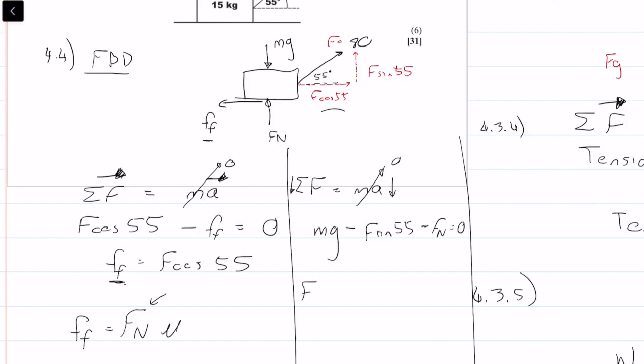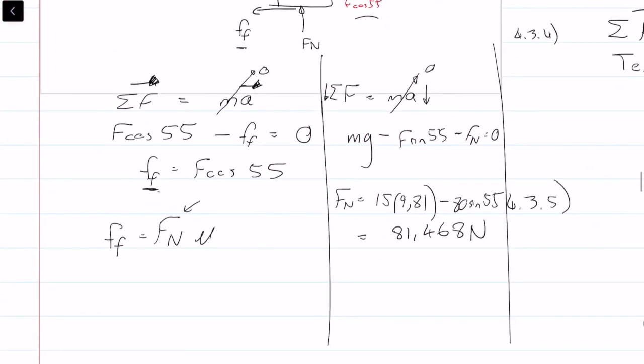So our force normal is equal to mass, 15 times 9.81, minus 80 sin 55. What we end up with is our normal force equaling 81.468, units of newtons. So that's our force normal.